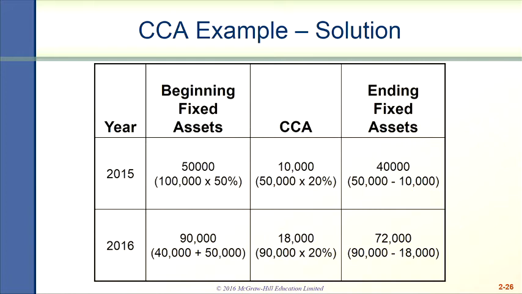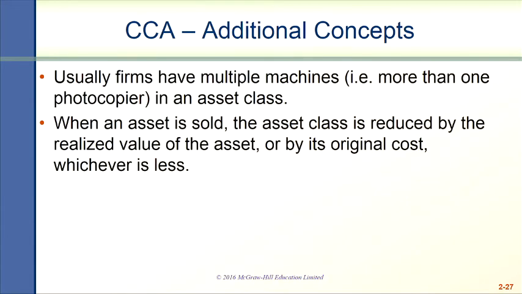That gave us the 90,000. And then we continue and apply that 20%, which gave us 18,000 in 2016, and then 90 minus 18, with 90 being the beginning UCC, gave us the ending UCC of 72,000. UCC means undepreciated capital cost, or ending fixed asset, which mean the same thing. Additional concept is this.